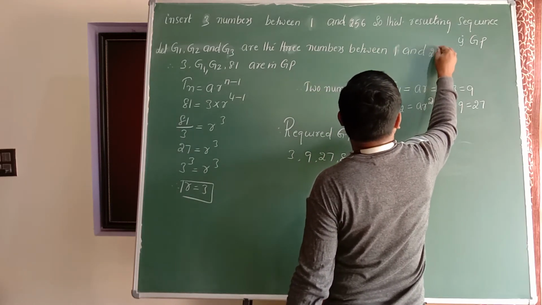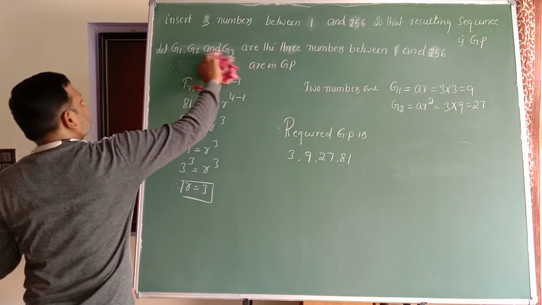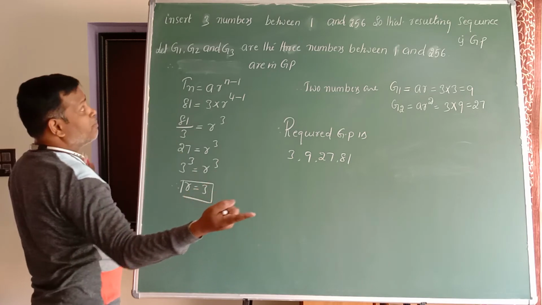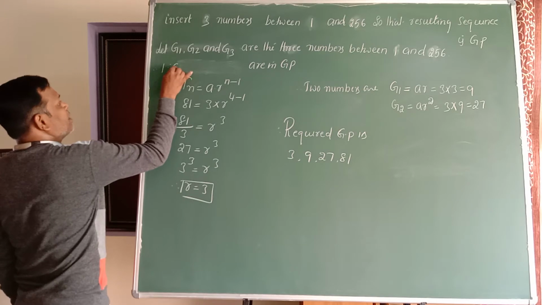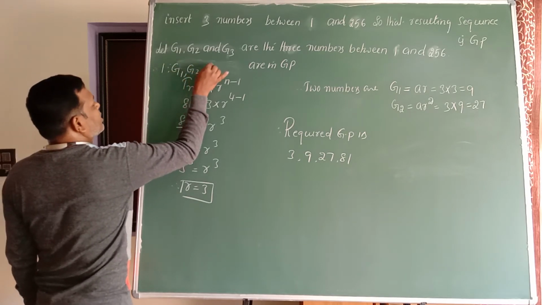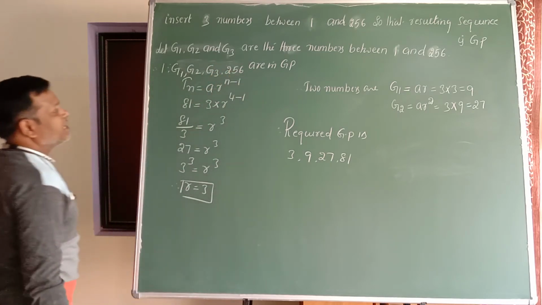Got my point? Now look here, what are the 3 numbers here? First number is 1. Last number is 256. Between we have G1, G2, G3. Therefore, 1, G1, G2, G3 and the last number 256 are in GP.